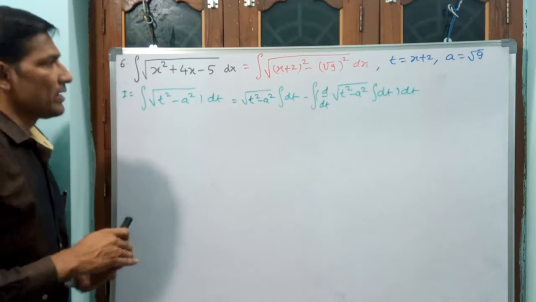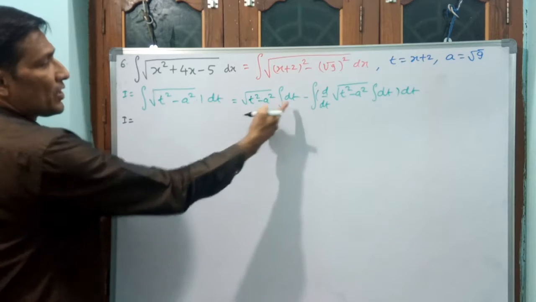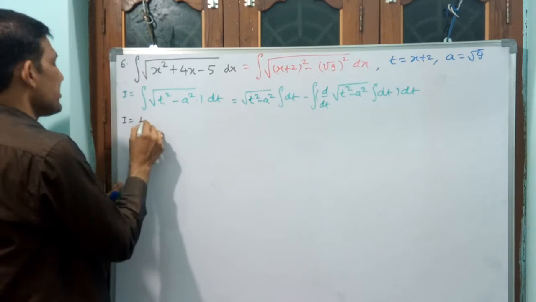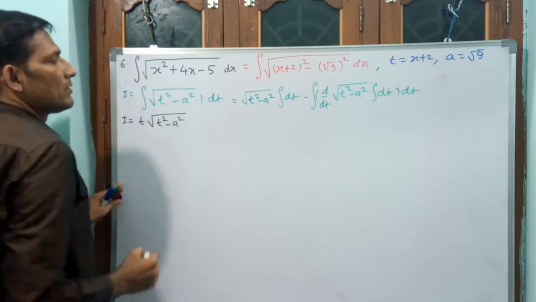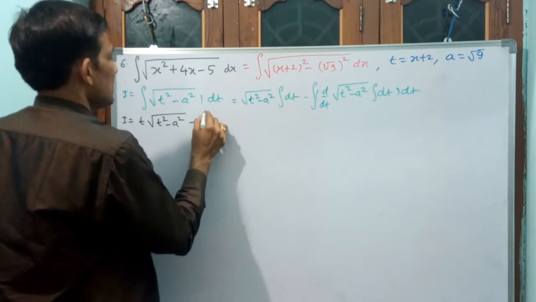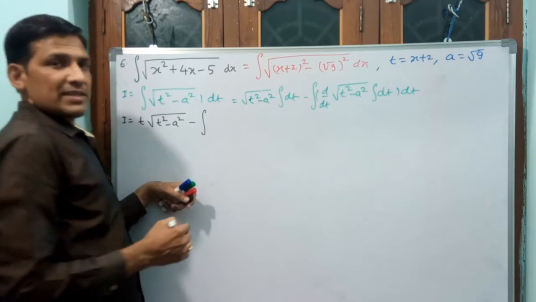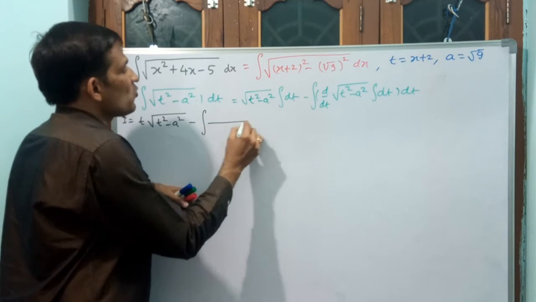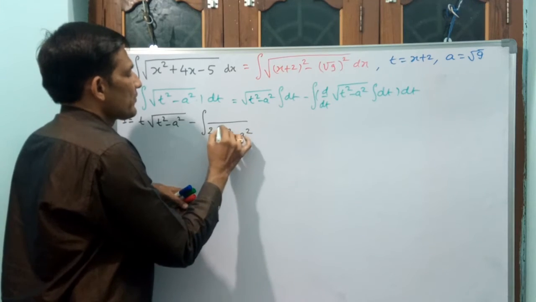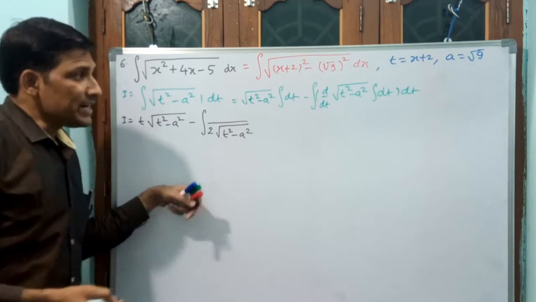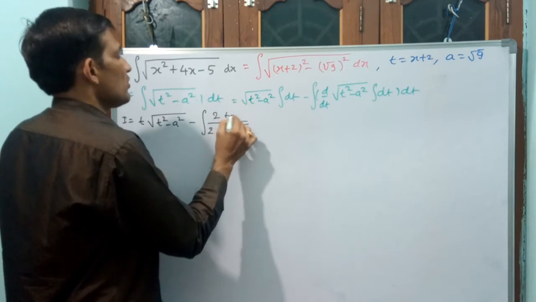Now write down what will happen. I is equal to t, integral dt is t, into square root of t square minus a square, minus integral d by dt of t square minus a square, you see, 1 by 2 root of t square minus a square, again d by dt of t square minus a square is 2t, 2 into t.